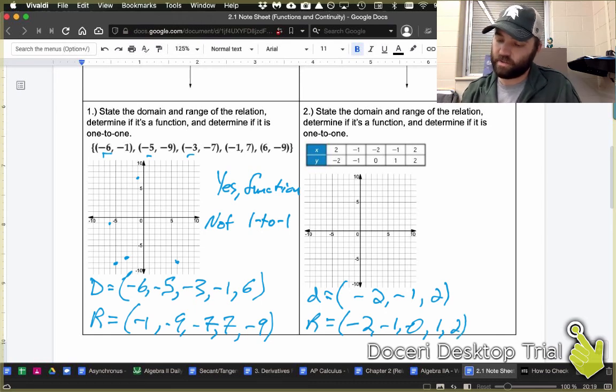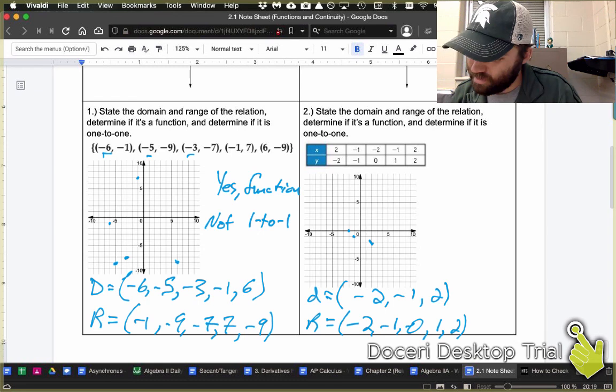Okay, then the question is, is it a function or not? Well, let's plot the points. 2, -2. So there's a point right here. We've got -1, -1 here. -2, 0. Oops, sorry. -2, 0. So that's here. And I've got -1, 1. And 2, 2.